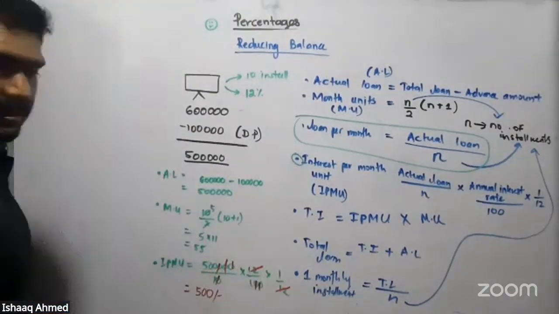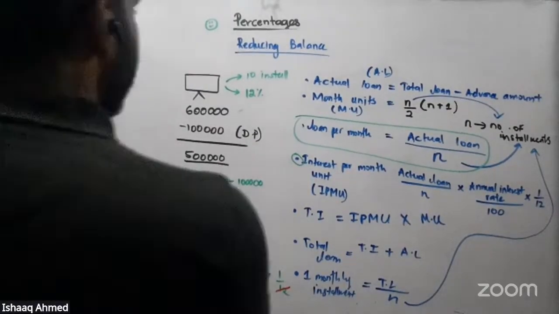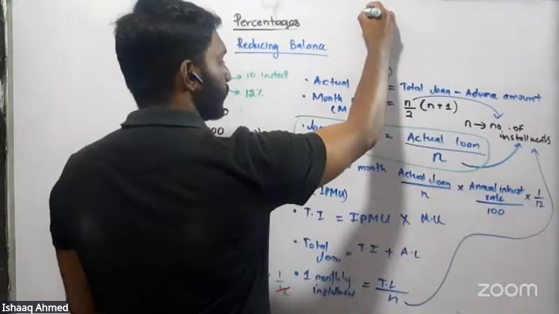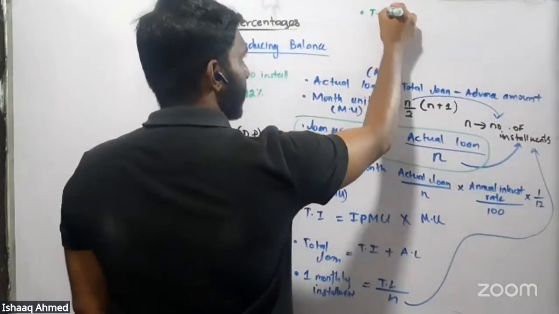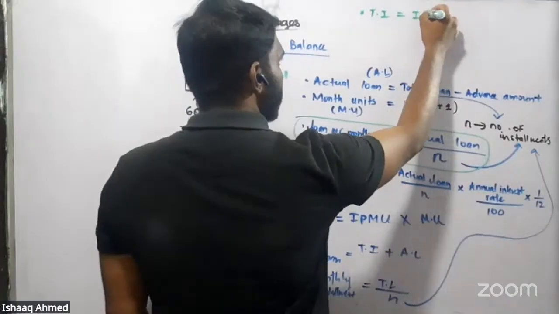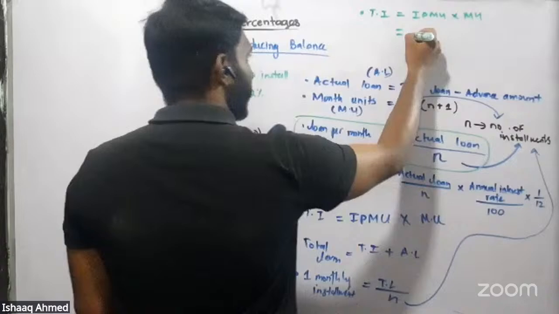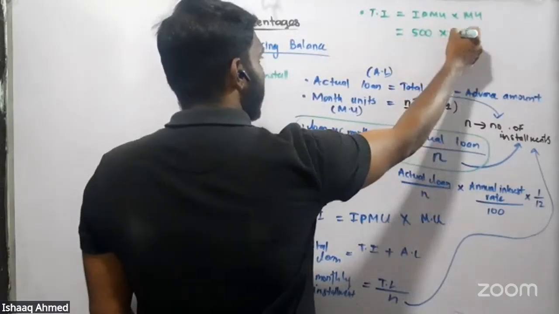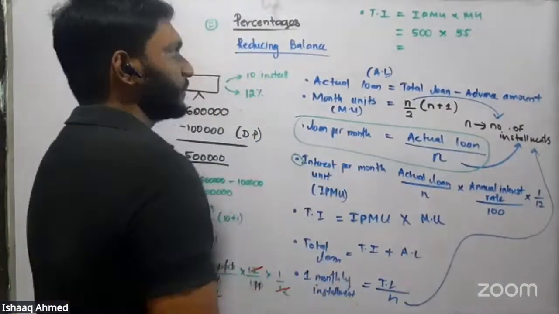Okay. After that, I will do the next part. After calculating, wait, is that part visible? Yeah, no. Okay. After calculating interest per month unit, what do we need to do? Total interest. That is interest per month unit into month units. So interest per month unit 500 into month units is 55. So total interest how much?